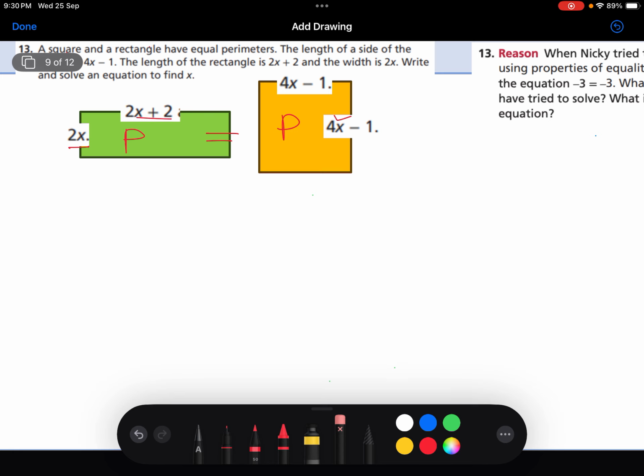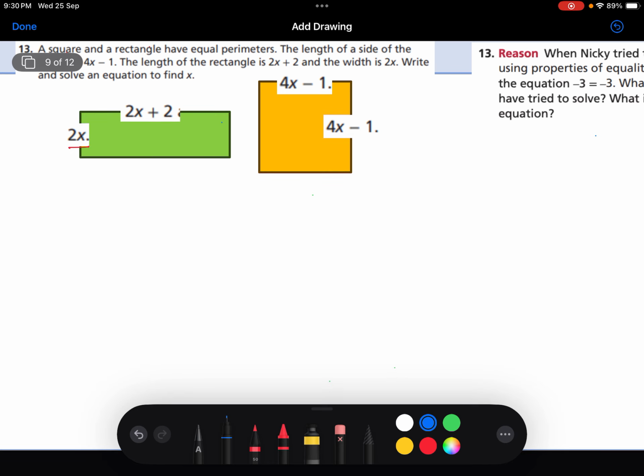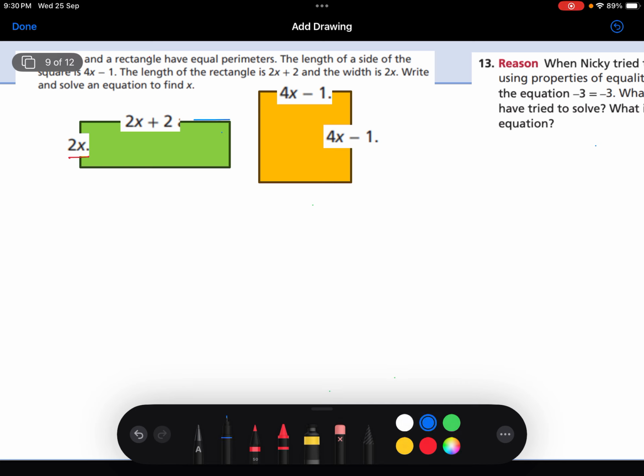So what do we have? We know that the perimeter of each shape is equal to the other shape's perimeter, okay? So what's the perimeter here? Again, we said the perimeter is basically the sum of all sides. 2x plus 2 plus 2x plus 2x plus 2 plus 2x, which is basically 2x plus 2 twice, and 2x twice.